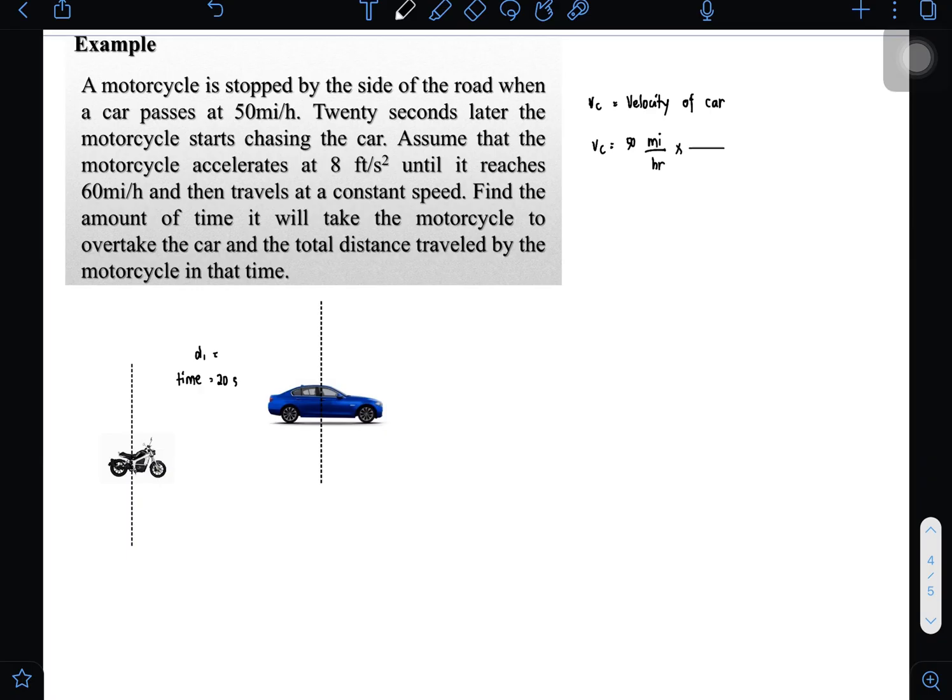In 1 mile, there are 5,280 feet. We're using feet because the acceleration is in feet per square seconds.